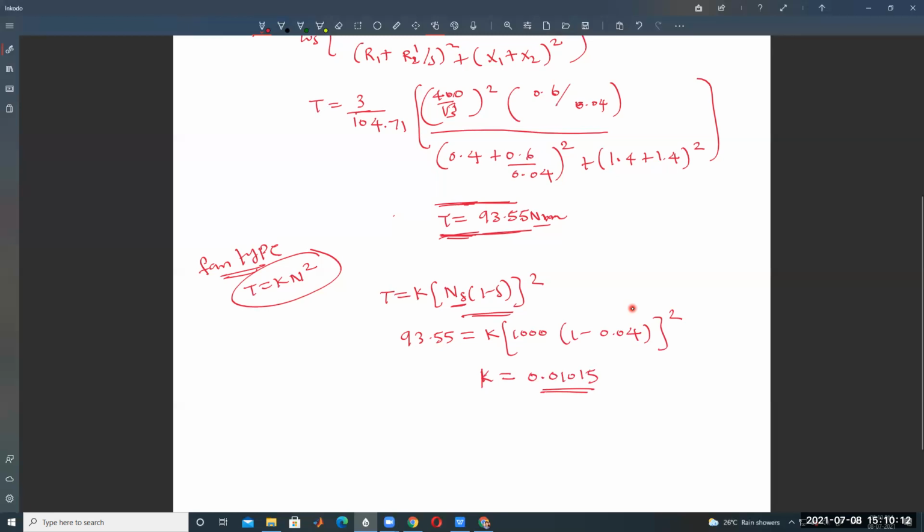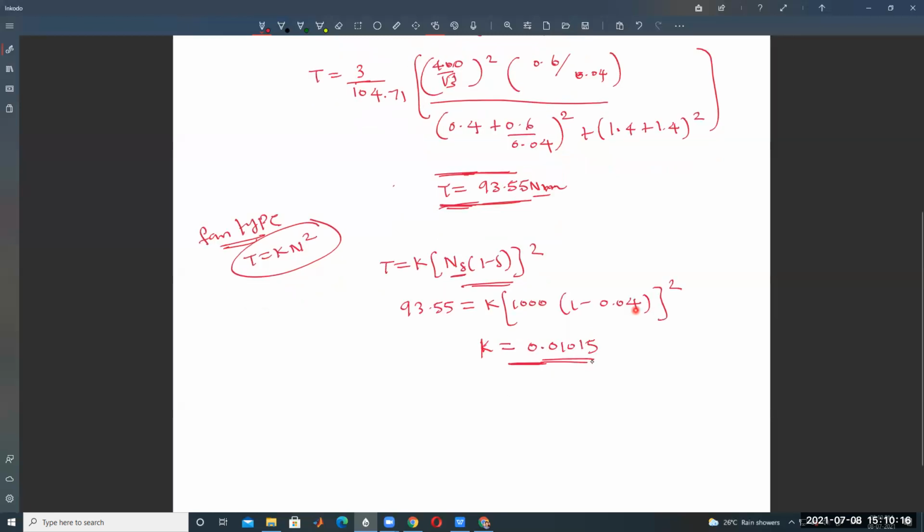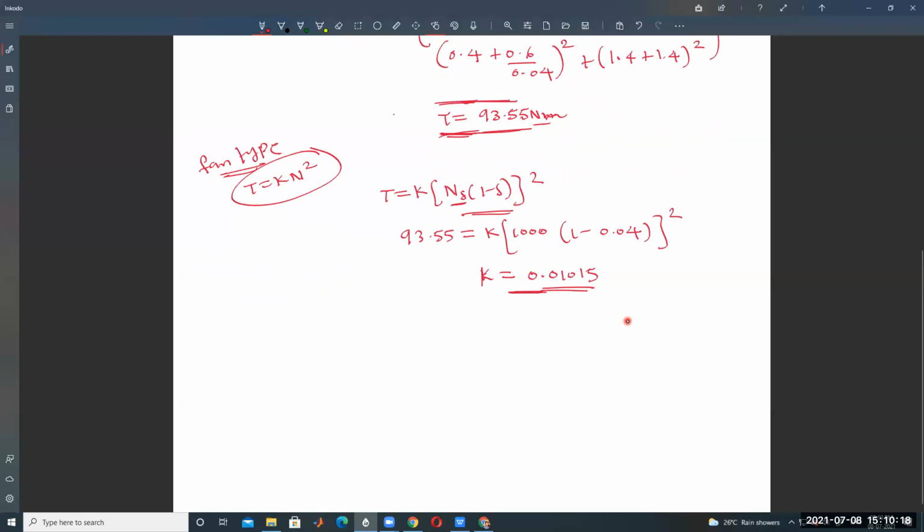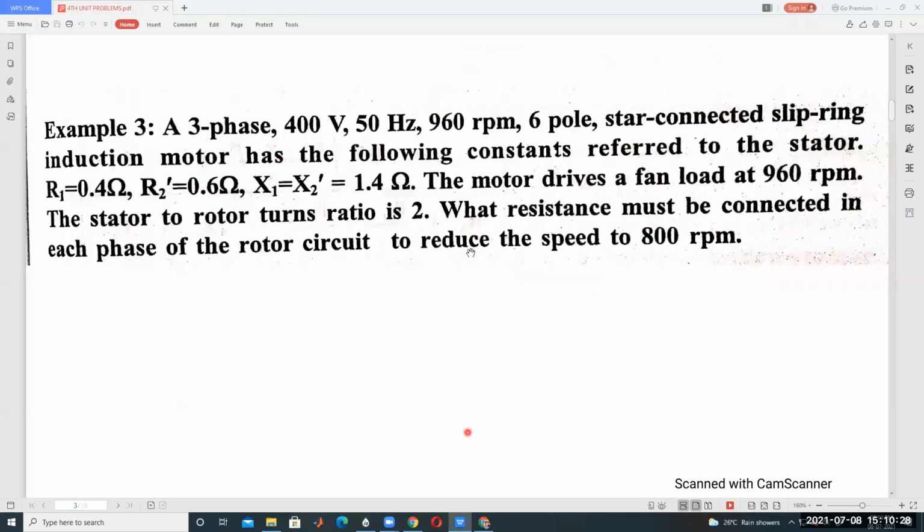So by using this K value, here also same way. We need to find the load torque at 800 RPM. The question is given, find the external resistance at 800 RPM. Same as previous problem. So at 800 RPM, find the rotor resistance.